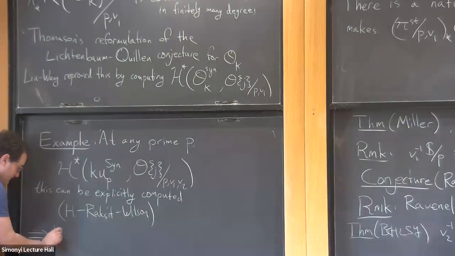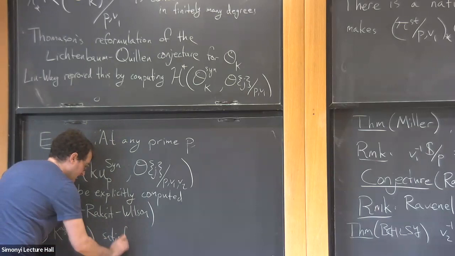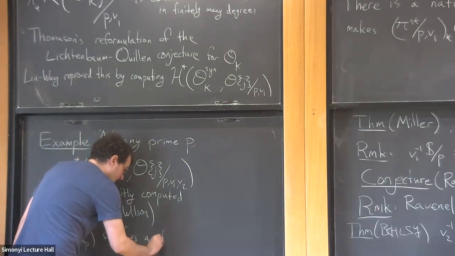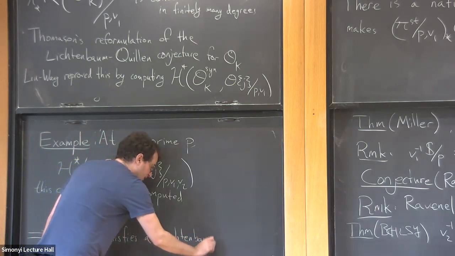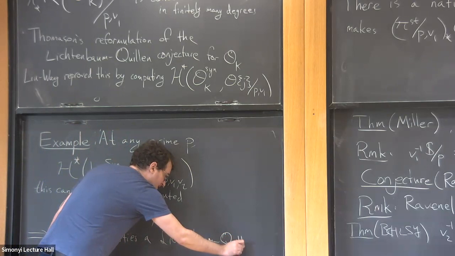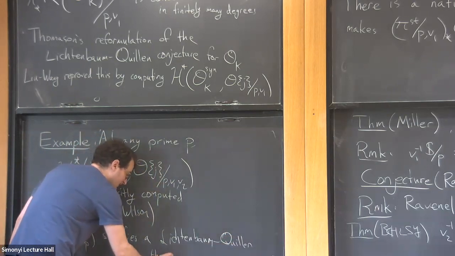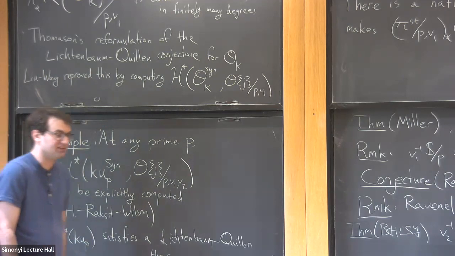And that implies that the algebraic K theory of this Ku satisfies a Lichtenbaum-Quillen property, which does not mean much beyond the fact that if you mod out by some powers of p, v1 and v2, this is bounded in the range of degrees.